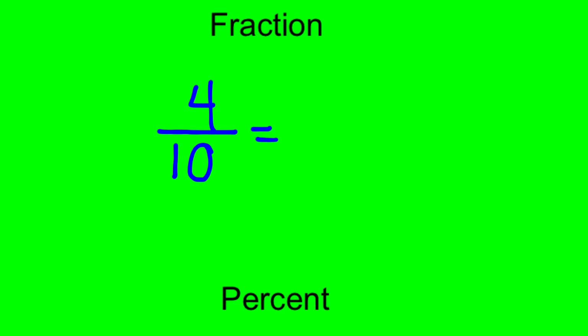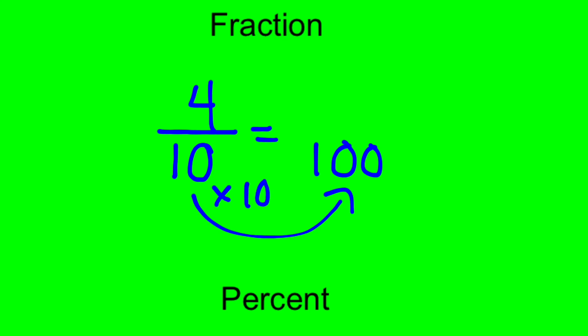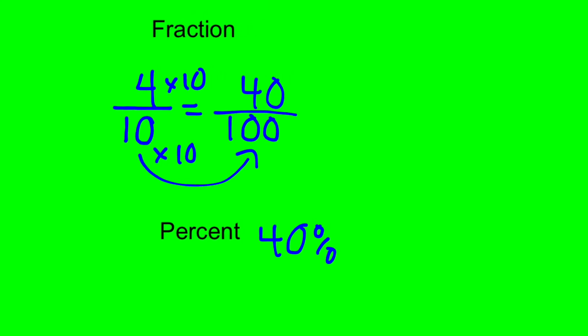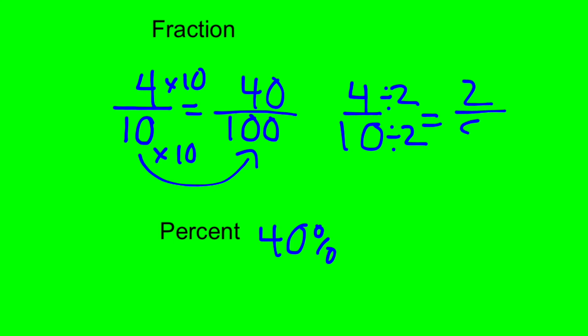We want to make a fraction out of 100 because that's what percent is. So to go from 10 to 100, it's times 10, and do the same thing to the top. And we get an equivalent fraction of 40 out of 100, which is 40%. Now, I've also been encouraging kids to take the fraction and make it in simplest form. So 4 out of 10, the numerator and denominator are both divisible by 2, so that's 2 out of 5.